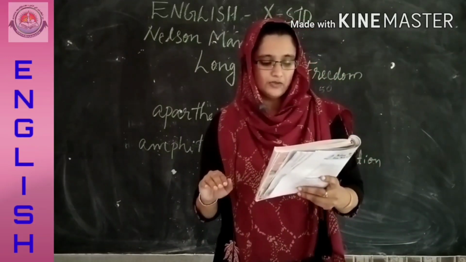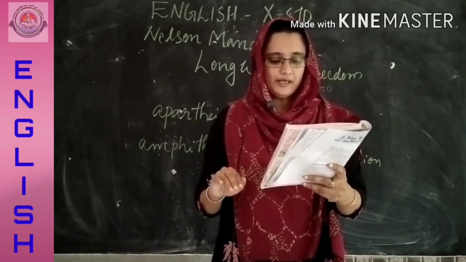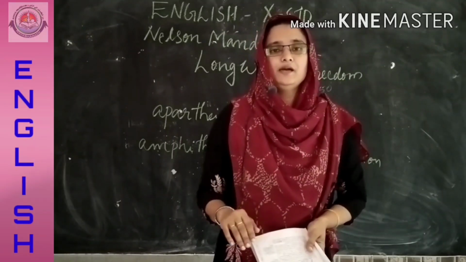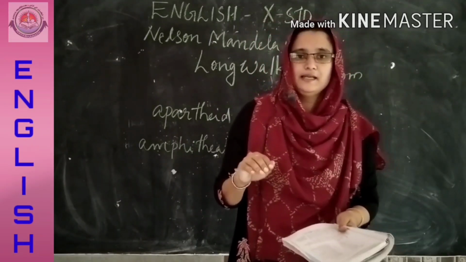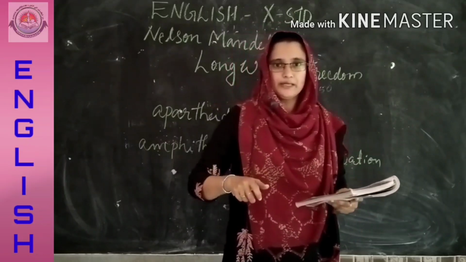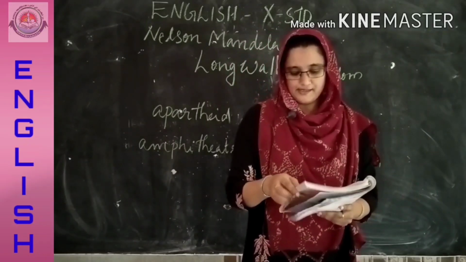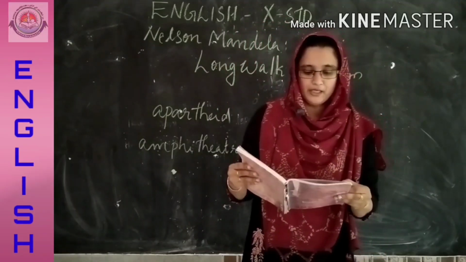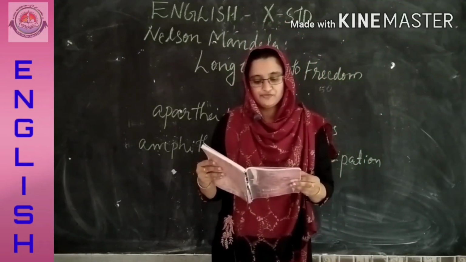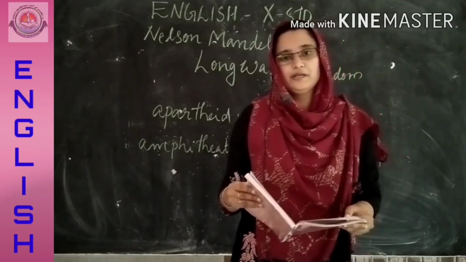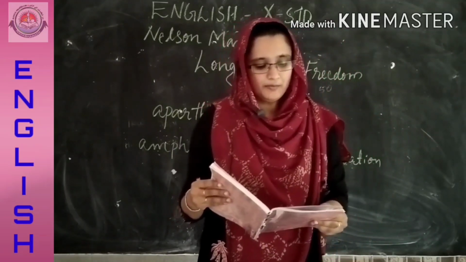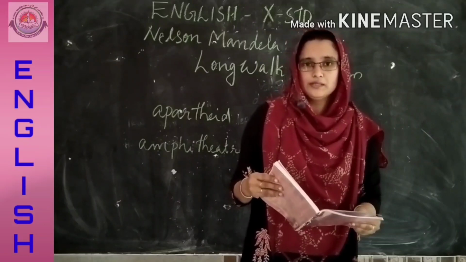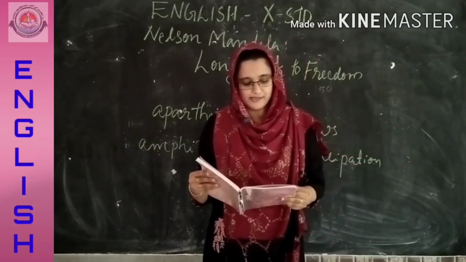First, Mr. de Klerk took the oath as the second deputy president. After him, Thabo Mbeki was sworn in as first deputy president.